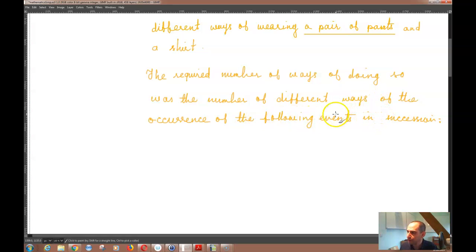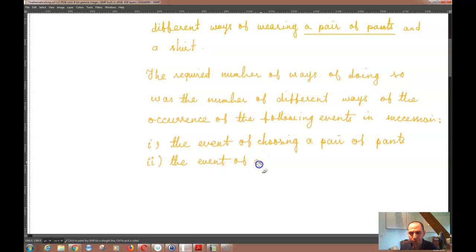Number one, the event of choosing a pair of pants, and number two, the event of choosing a shirt. So that was the first problem, the first example.